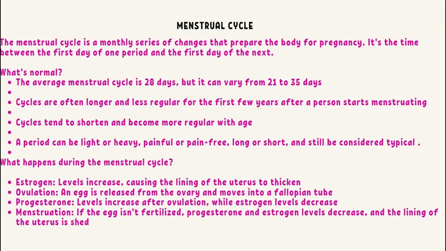Cycles tend to shorten and become more regular with age, and it can be light or heavy, painful or pain-free, long or short, and still be considered typical, because pain being associated with it is seen as normal. It is very much normalized in today's society, right? Period cramps are normalized as if it's nothing, at least in today's society.